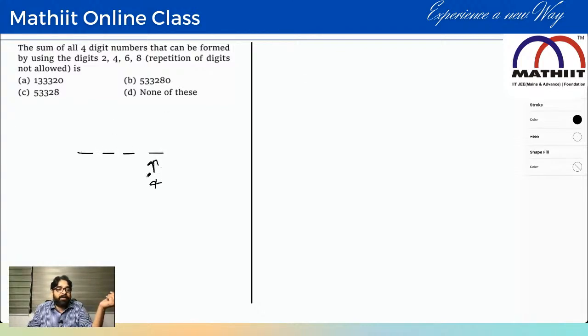This place can be filled in 4 ways, this place 3 ways, this place 2 ways, this place 1 way, because no restriction. So total numbers will be 4 into 3 is 12, into 2 is 24. Only 24 numbers. Repetition of digits not allowed. This is a very simple question. Don't try to write all 24 numbers.